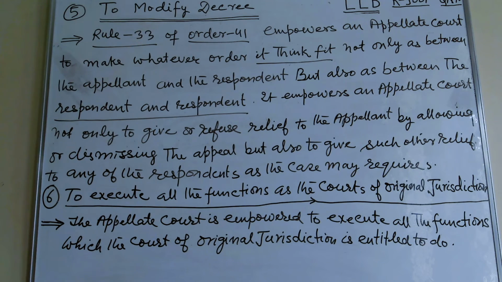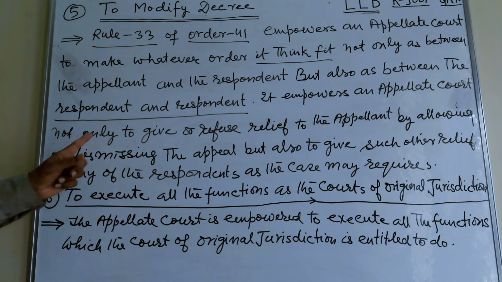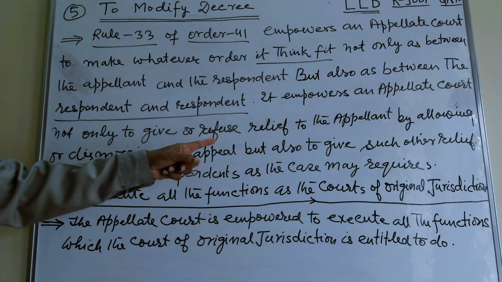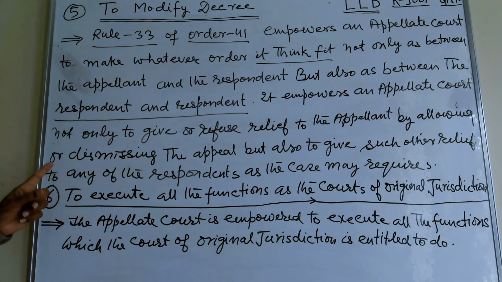This is the power given to the appellate court. It empowers an appellate court not only to give or refuse relief to the appellant by allowing or dismissing the appeal, but also to give such other relief to any of the respondents as the case may require.